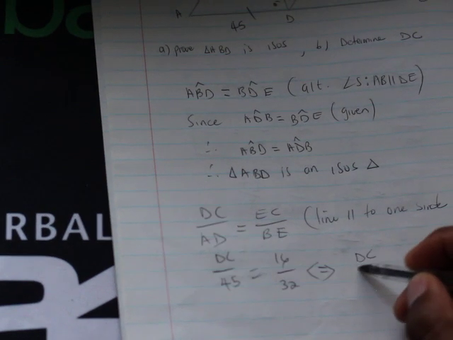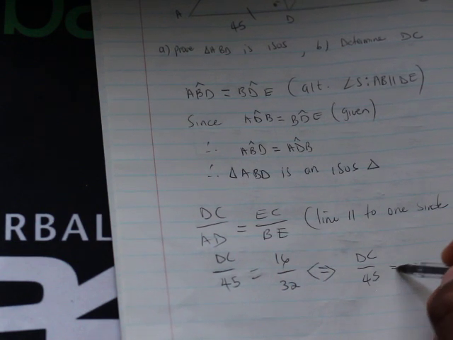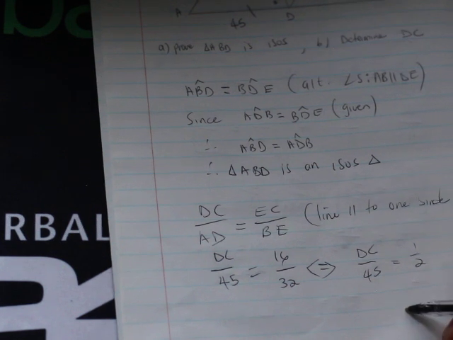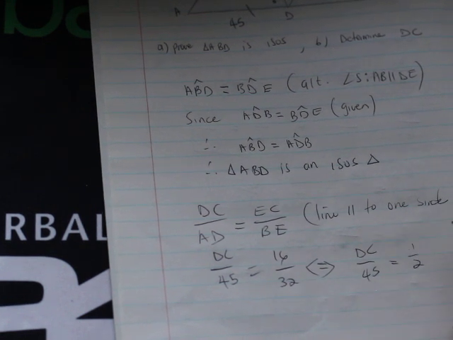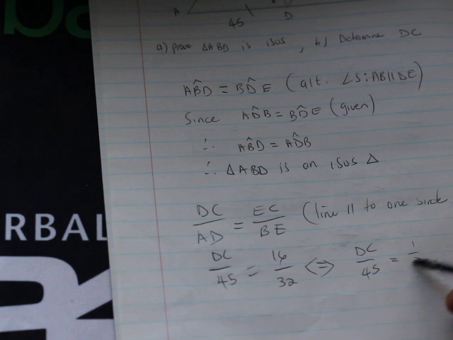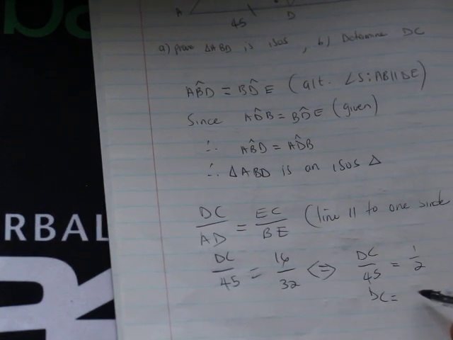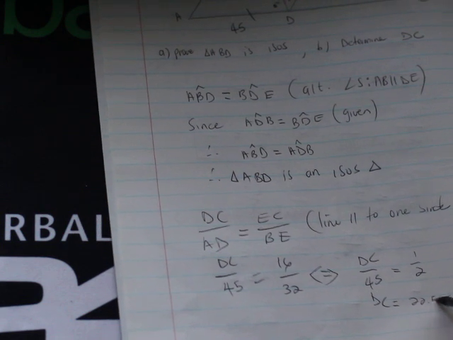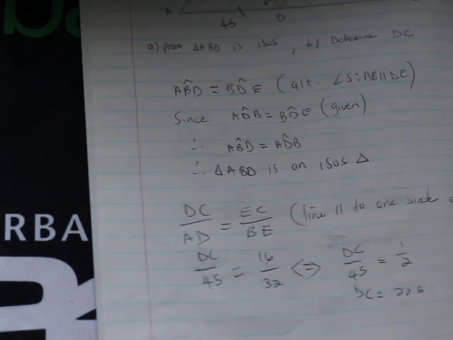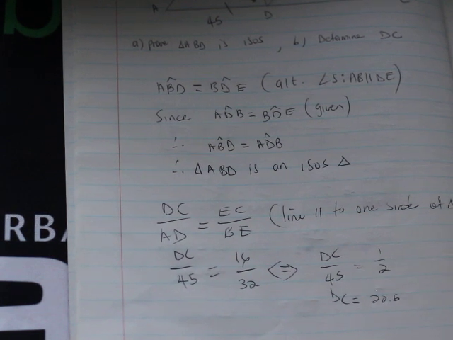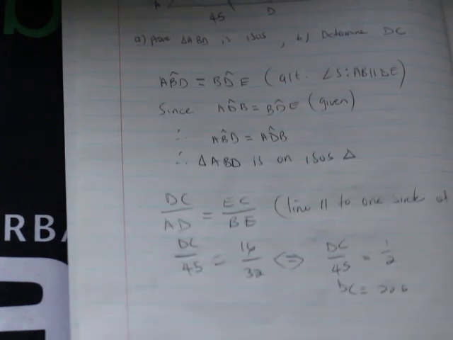So DC over 45 is equal to 1 over 2. All right, and obviously now we can multiply both sides by 45, and DC is simply going to be 22.5. All right, you can punch that into your calculator and let's see if you're getting the same answer.